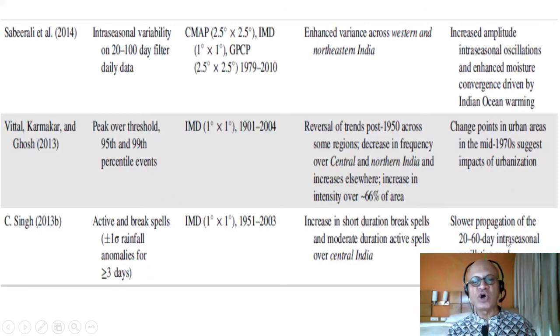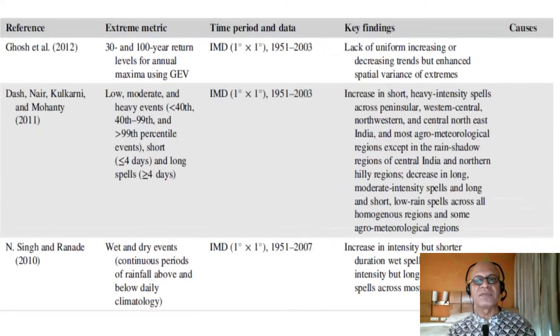Slower propagation of the 20 to 60 day intraseasonal oscillation, which was also identified by Sabir Ali and explained with those series of processes for change in amplitude and propagation speed of the MISOs, right? Moving forward, this looked at the return periods for annual maxima using some statistical extreme value method.